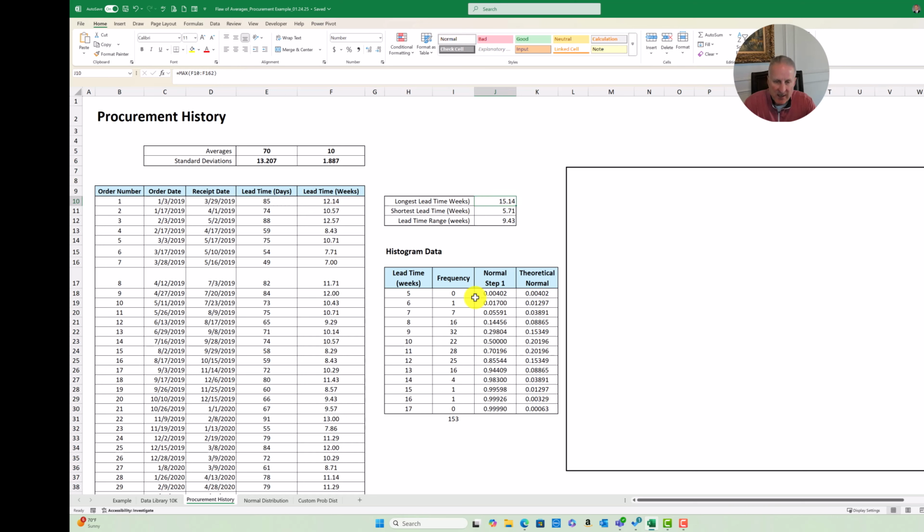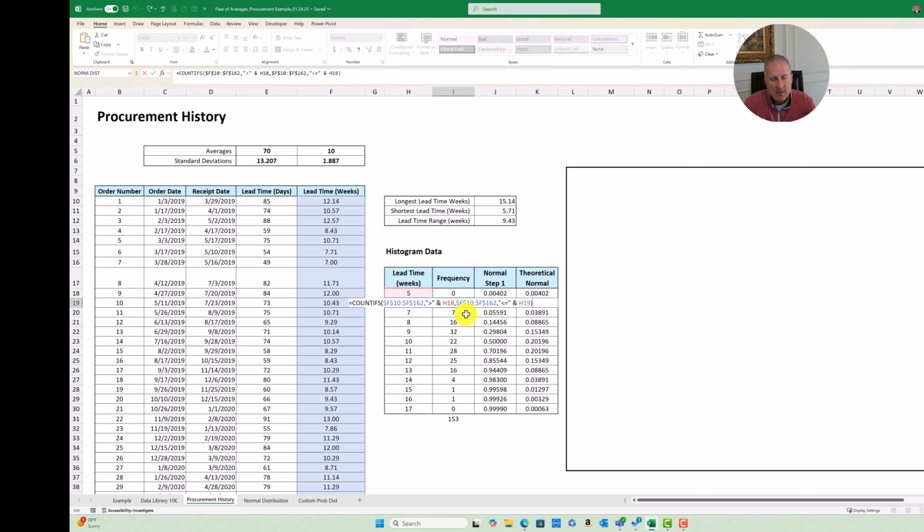My largest number in the histogram table should be higher than my highest, which it is. I'll look in this column and use COUNTIF to ask how many times the number is less than or equal to 5. We know that's a 0 because 5.71 was the lowest. For the next number, how many times was it greater than 5 but less than or equal to 6?